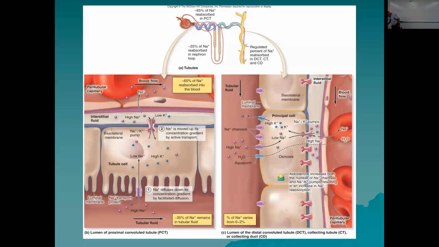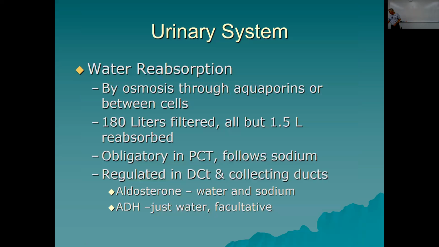We have sodium channels, and sodium comes in, and depending upon how much aldosterone there is will determine how much sodium comes in. More aldosterone, more sodium coming in. Less aldosterone, less sodium. More aldosterone, more potassium lost. Less aldosterone, more potassium gained. So sodium and potassium go in opposite directions under the influence of aldosterone.